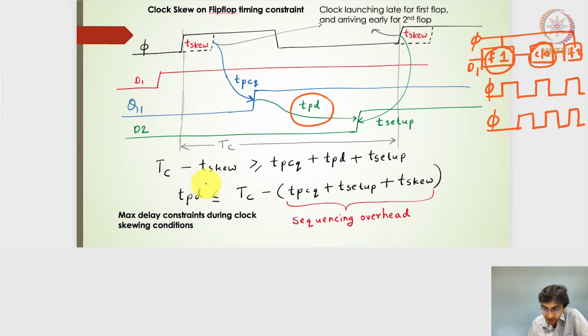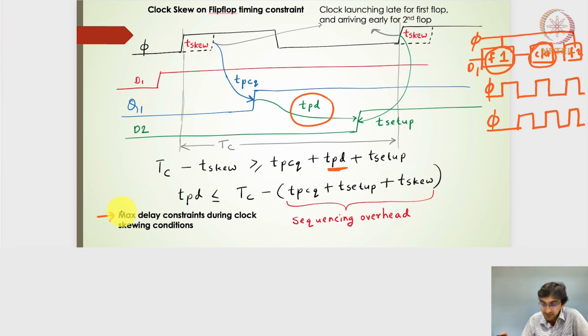All right. So the maximum TPD one could design for the combinatorial circuit is nothing but TC minus T skew minus TPCQ minus T setup. So this will be the sequencing overhead. All right. So the maximum delay constraint during the clock skewing condition is this one.